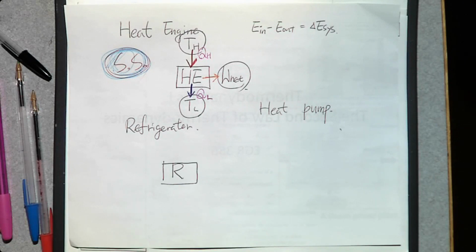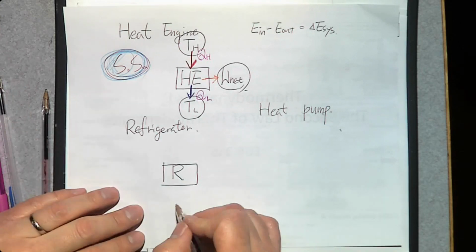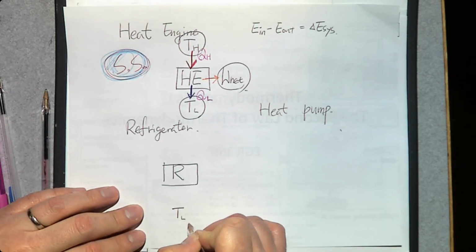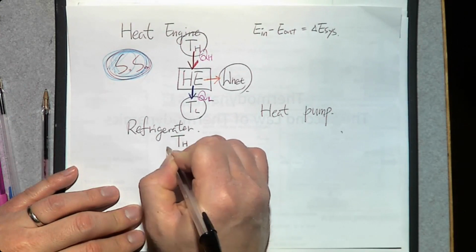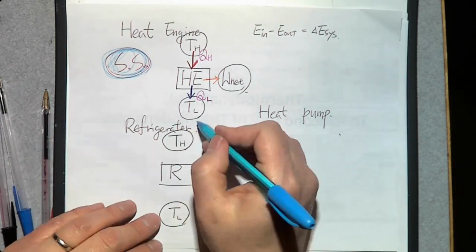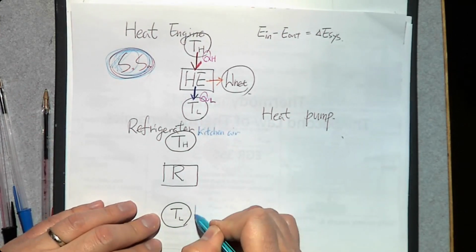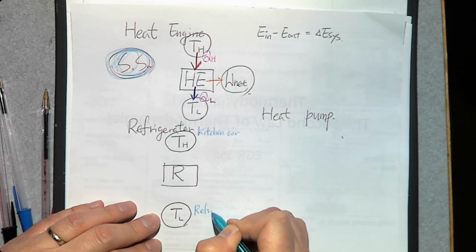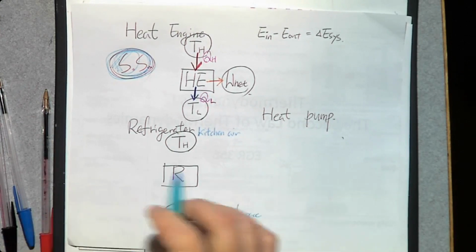So we have kitchen air temperature and the temperature of the refrigerated space. The temperature of the refrigerated space is going to be TL. The temperature outside of the refrigerator is going to be TH. So this one is kitchen air. This one is refrigerated space.